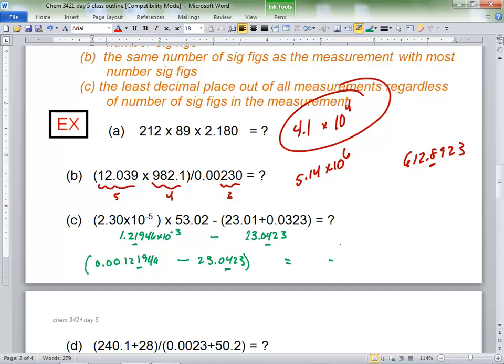Negative 2.3... Negative 23 point... Okay, I wrote down everything, right? But I can only go to the hundredths place. Everybody agrees, right? So it's this guy. I should report my answer as negative 23.04.